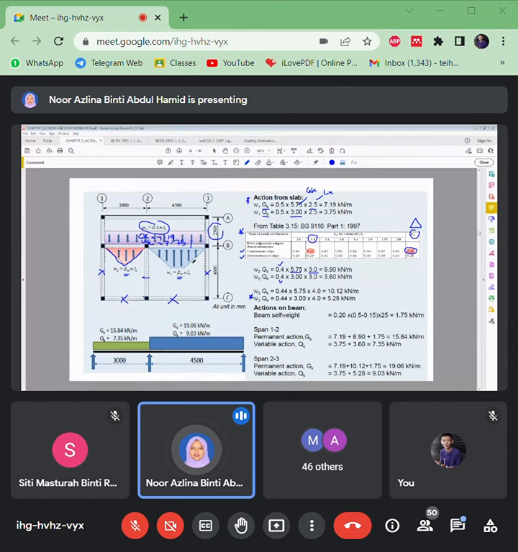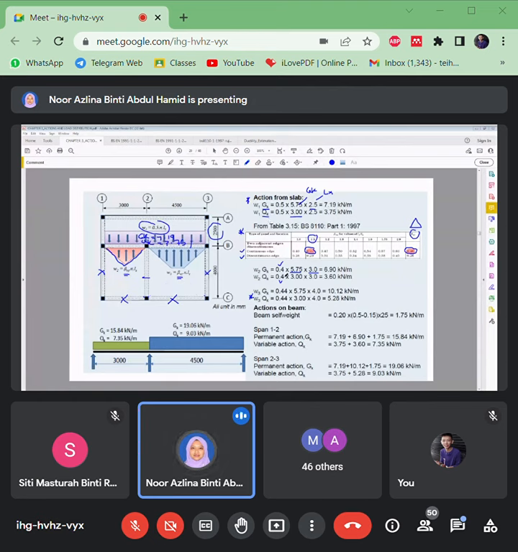Is this trapezium a continuous edge or discontinuous? This is continuous, right? Okay, so that's why you need to use 0.44. Don't take the discontinuous one for the other part, which is the part that we do not consider.